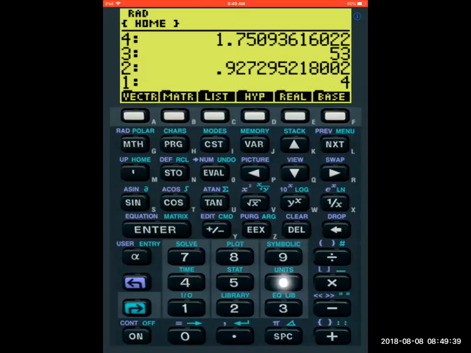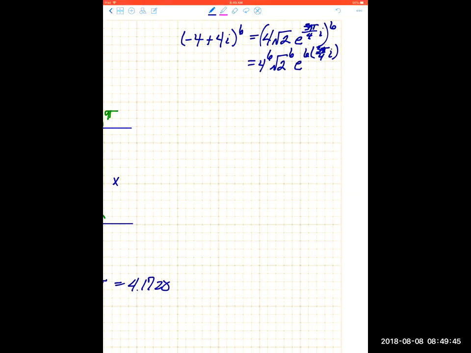So 4 to the 6th power is 4096. The square root of 2 to the 6th power is 2 to the 3rd power, which is 8. And that's e to the 3 pi over 2 times i. No, it's not. 18 over 4 simplifies to 9 over 2.